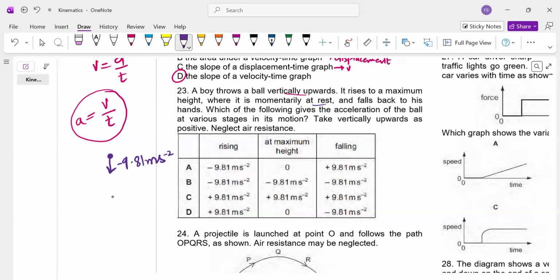If the acceleration were zero, the ball would remain suspended in the air. The ball is not suspended in the air; it comes back down. That is why acceleration is minus 9.81. So it's B. Throughout, it will be minus 9.81 meter per second square.